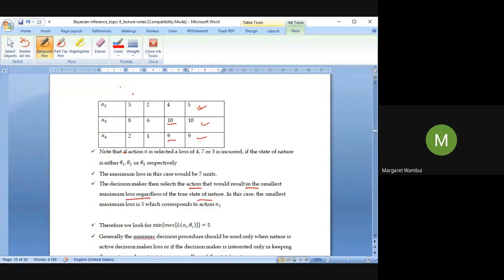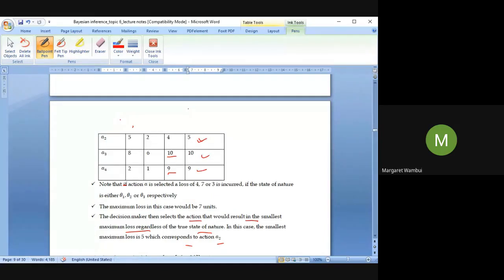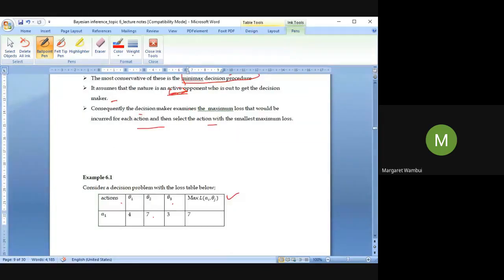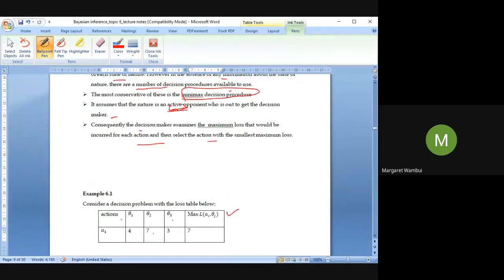In this case, the smallest maximum loss is 5, which corresponds to action 2. So you would take action 2 to follow the minimax decision procedure.